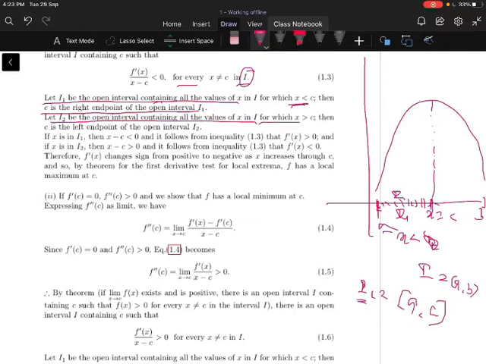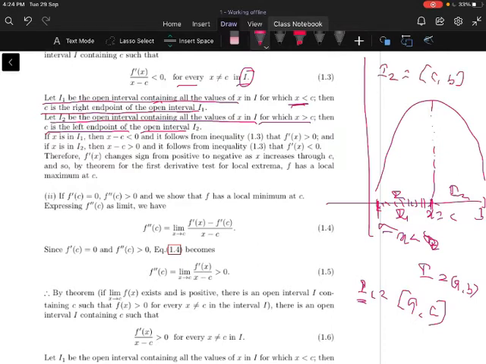Let I2 be the open interval containing all the values of x in I for which x is greater than c, then c is the left end of the open interval I2. Now let us take I2. Let us define I2.